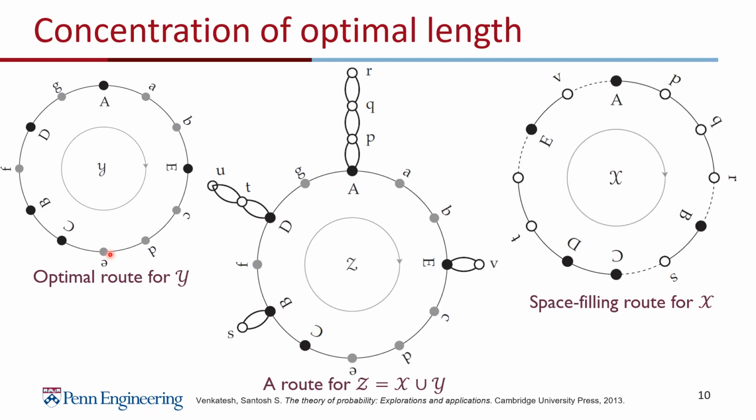And you are interested in finding or bounding the optimal route for X. Since Z has more locations than X, definitely the optimal route for X is going to be less than or equal to that of Z. In fact, even more, it is going to be less than or equal to the specific route which we constructed.